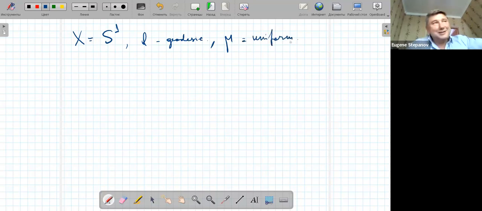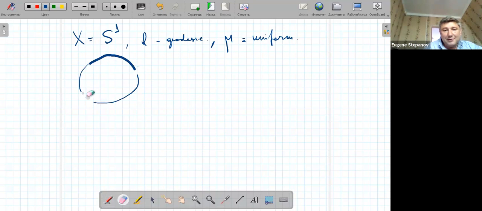Then you made this MDS embedding: you distributed K points uniformly along the circumference. This was your sigma K.